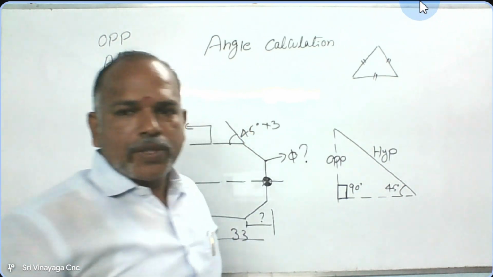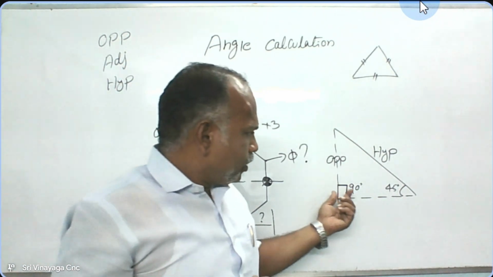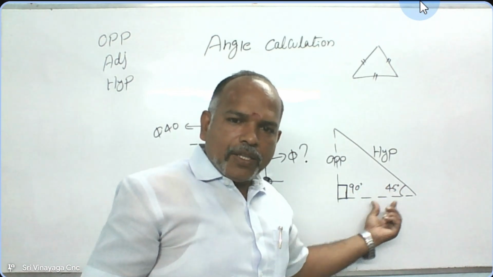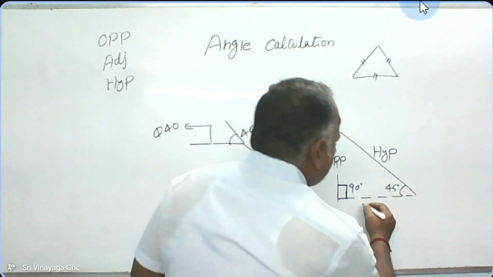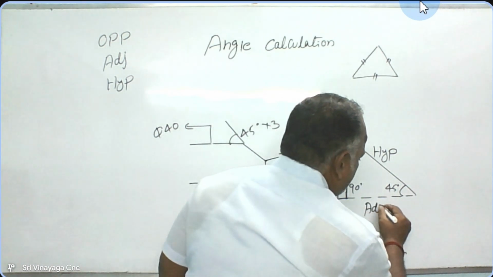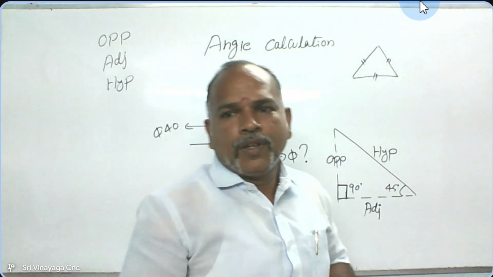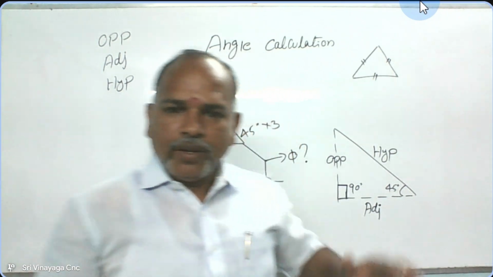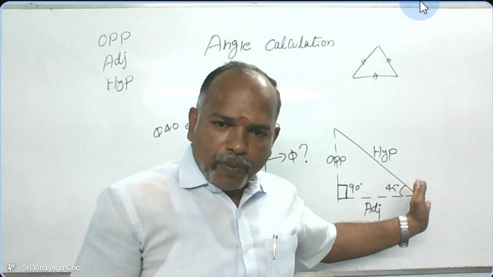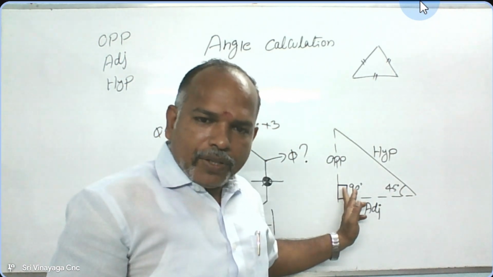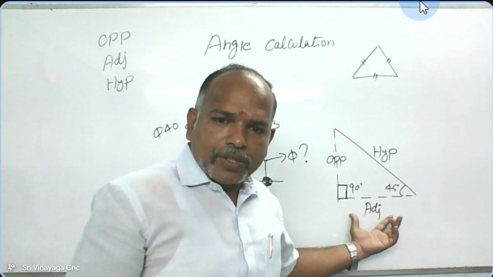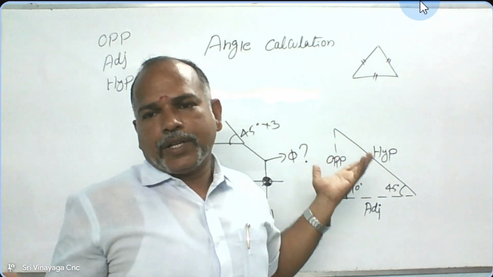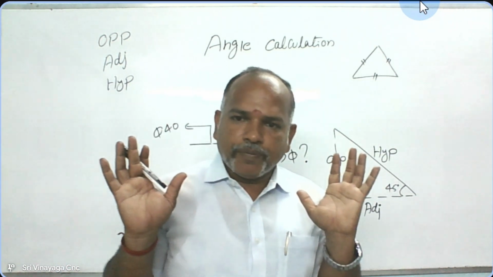In between the 90 degree and 45 degree is known as the adjacent side. Always the longest side will be hypotenuse. That's all. This is the main concept.